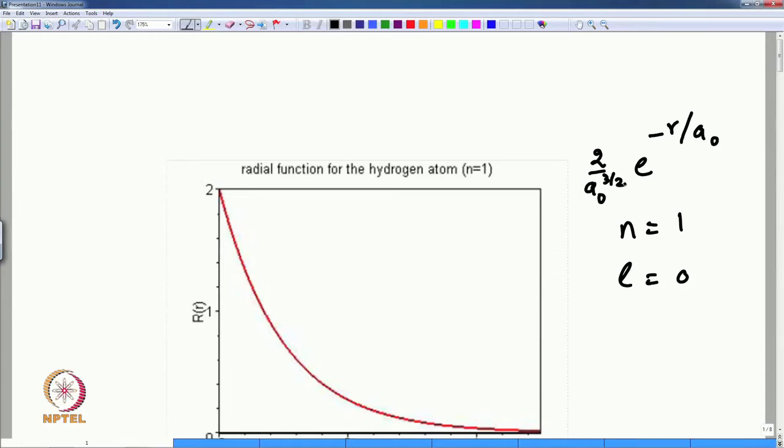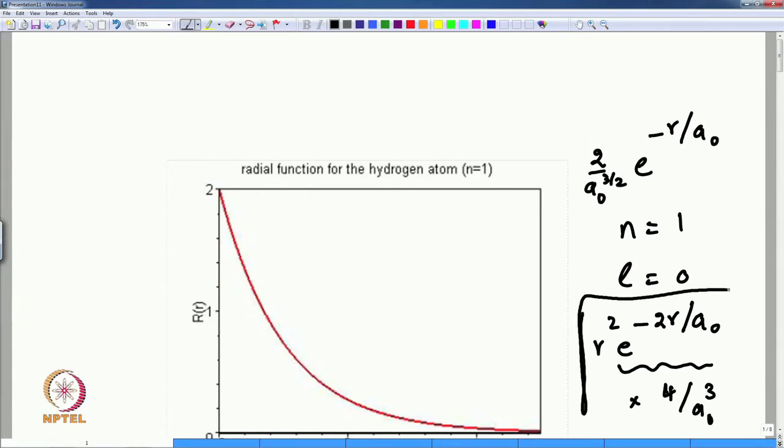Therefore, the integral that you have to worry about for radial probability is r square e to the minus 2 r by a naught, as this is the square of the radial function, multiplied by 4 by a naught cube. So, this is the radial probability, this is the radial function.